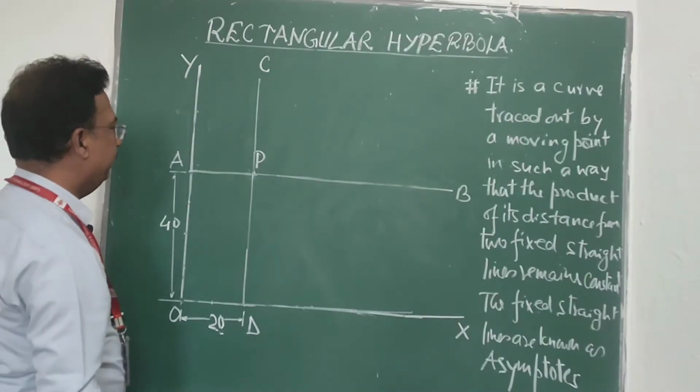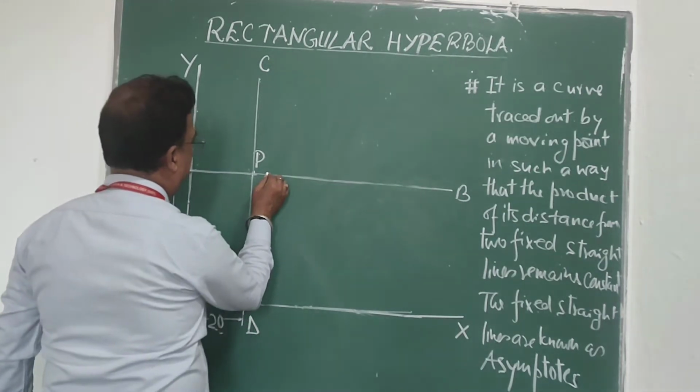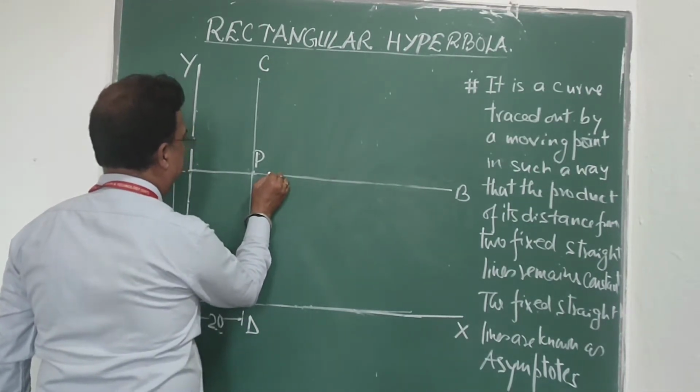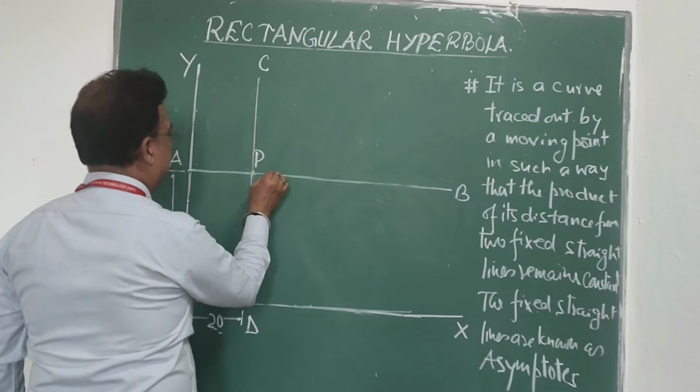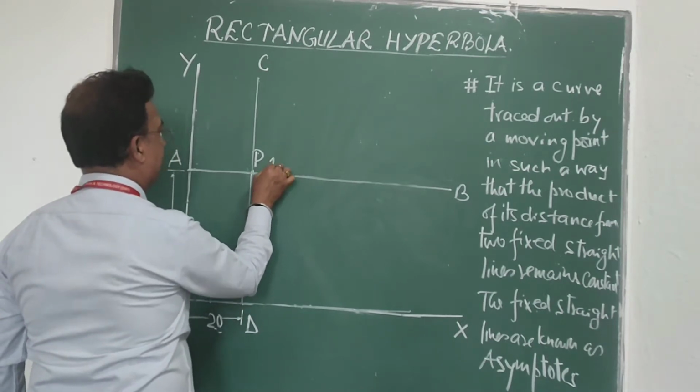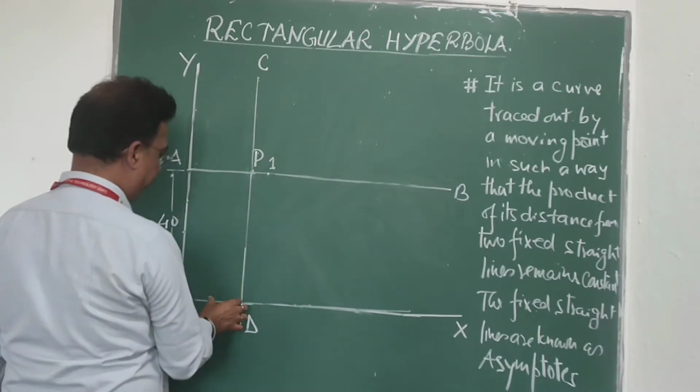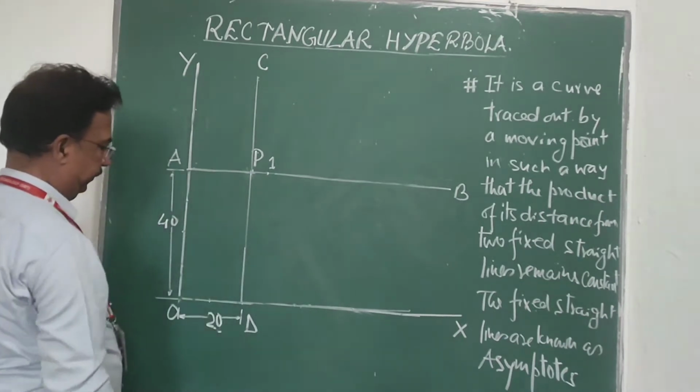After that, I will mark a point 1 at any distance. Suppose initially I will take a distance of 5 mm.